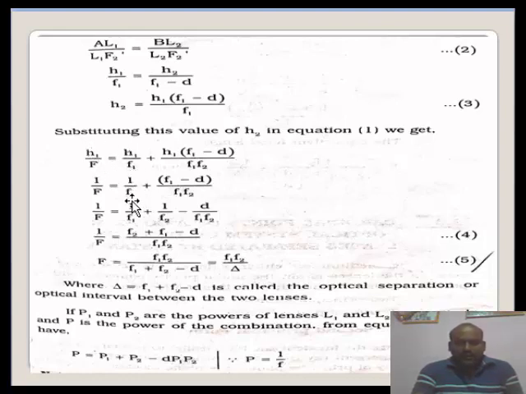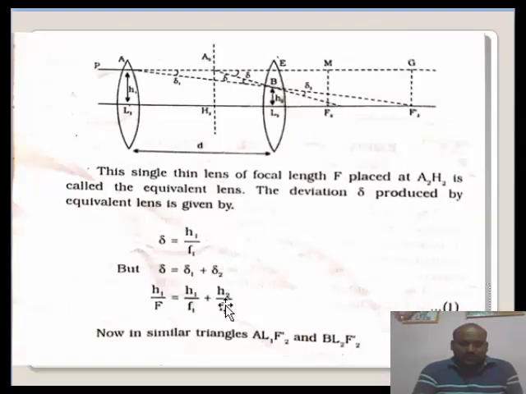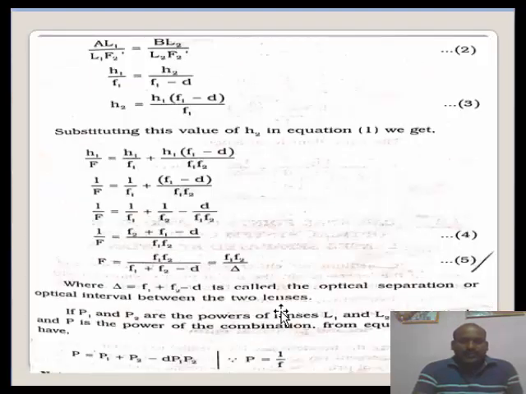Only remaining is 1 divided by F1 plus F1 minus D divided by F1 into F2. Previously we had F1 and here F2, so automatically F1 into F2. Next, 1 divided by F is equal to 1 divided by F1 plus, separating it, F1 divided by F1 into F2, so F1 gets cancelled, giving 1 divided by F2 minus D divided by F1 into F2.